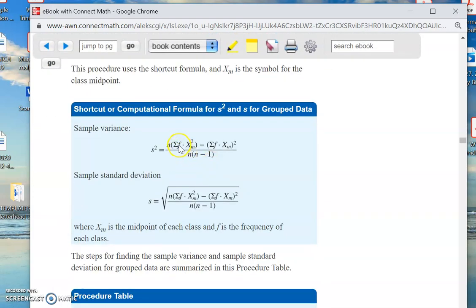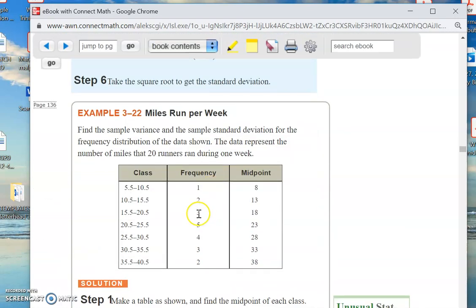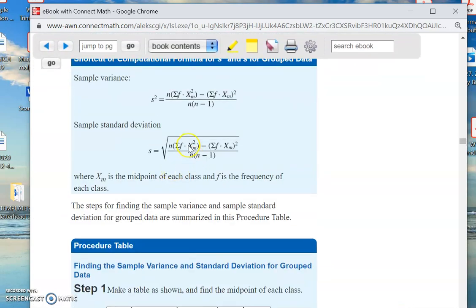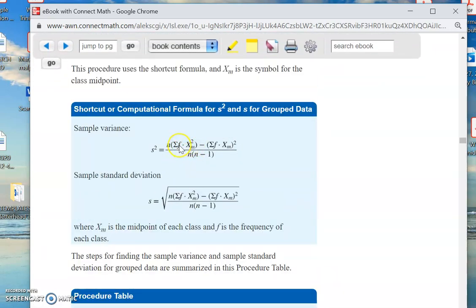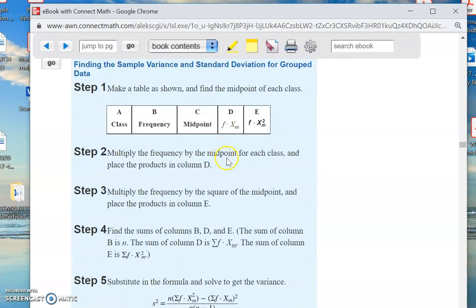The f is the number of occurrences. So how many of these guys do you have? You have f of them. So let's say you have 3 of them here times 18 squared, okay? So you have 3 of those guys. So it's 18 squared plus 18 squared plus 18 squared. That's the concept, okay? All right, so then you plug it into the formula.